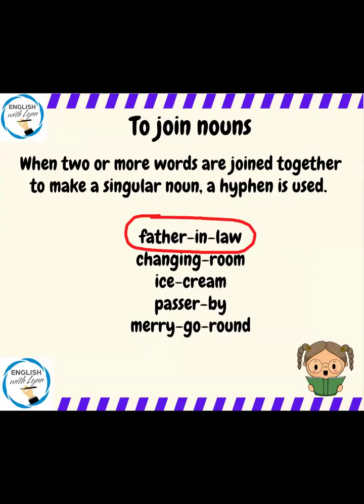And we use the hyphens between the short words to show that it's all joined together to make one word. Merry-go-round is three words that are linked together to make the one noun. And often you will find in the nouns that are joining together, there will often be a preposition in there. So passer-by, the by is the preposition that is linked to the passer to make the one noun.